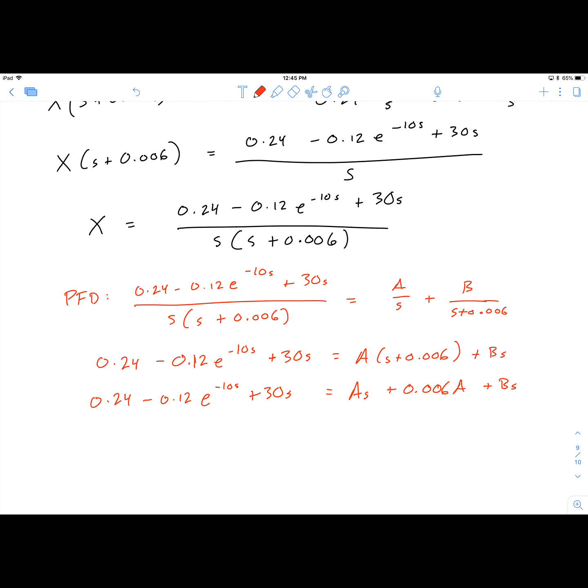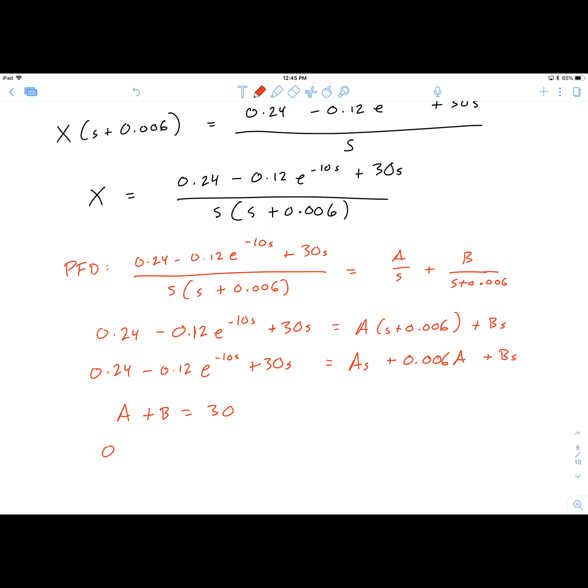So the A plus B have to add up to 30, and then 0.006 A will equal the remainder, the 0.24 minus all of this.